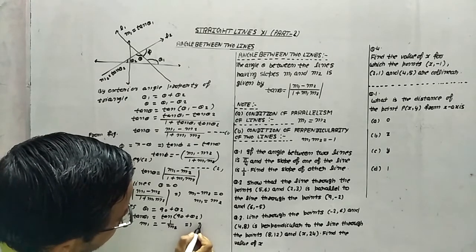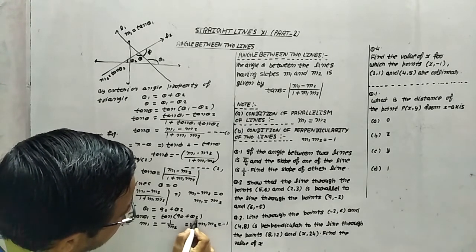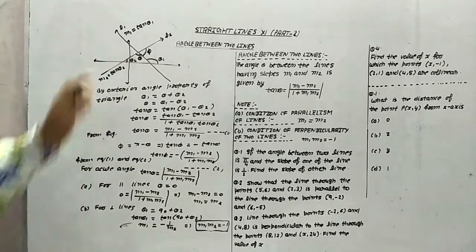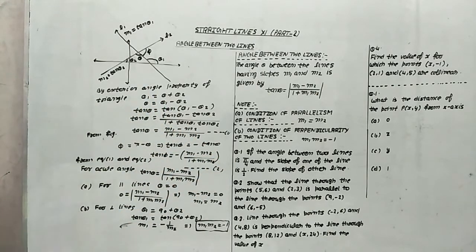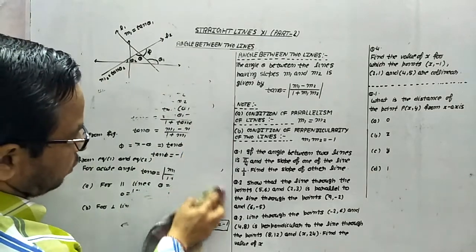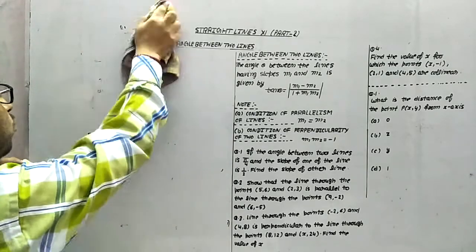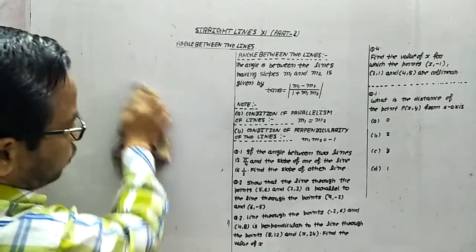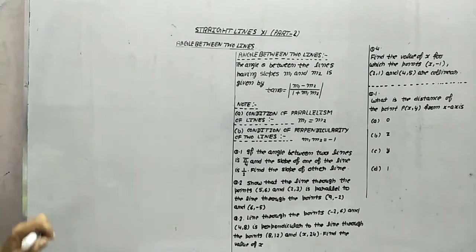It implies that m1 m2 is equal to minus 1. So this is the condition for the lines when they are perpendicular. These two conditions are very important. We have to use these conditions to solve the questions also. That means for parallel lines we have m1 equal to m2, and for perpendicular lines we have m1 m2 equal to -1.